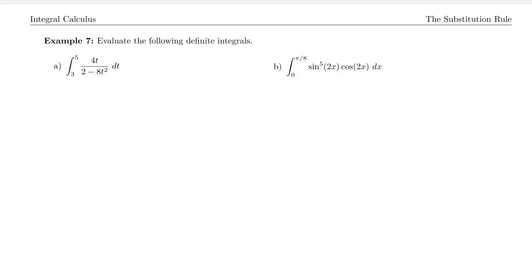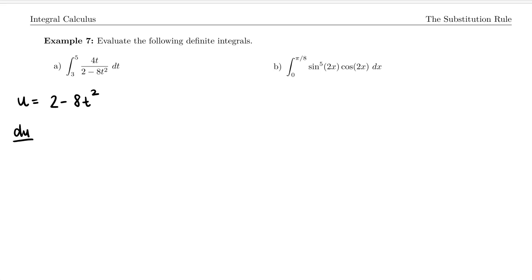In the next example, we want to evaluate the following definite integrals. So part A, we have the definite integral from 3 to 5 of 4t all over 2 minus 8t squared dt. So I want to use u substitution. I'm going to set u equal to the thing that when I take the derivative of it, its derivative appears somewhere in my integral.